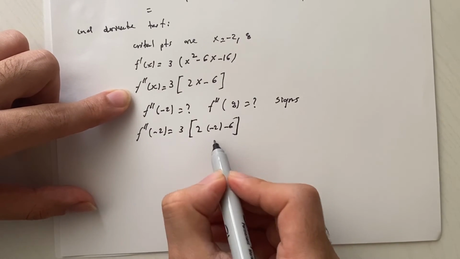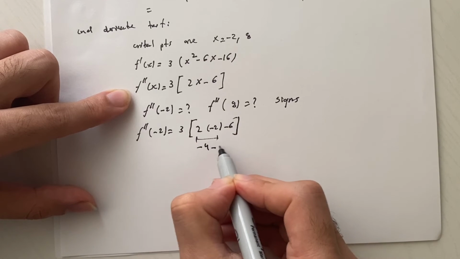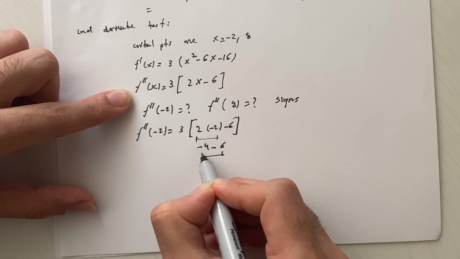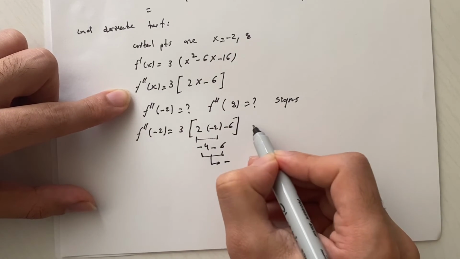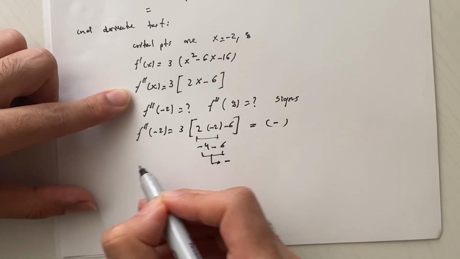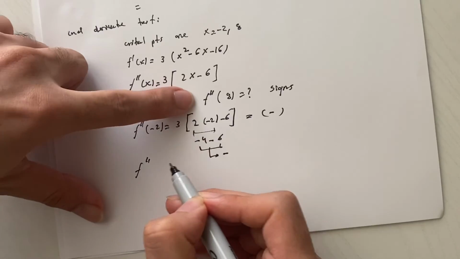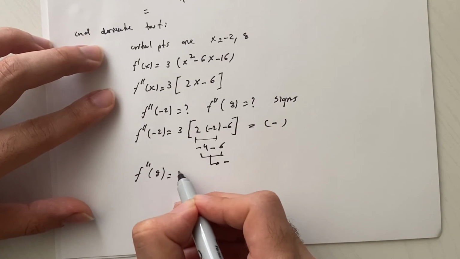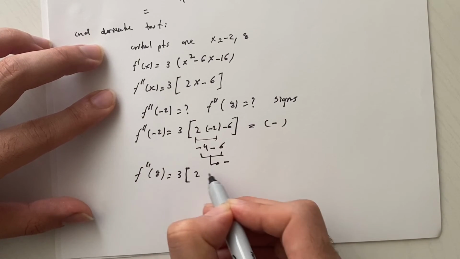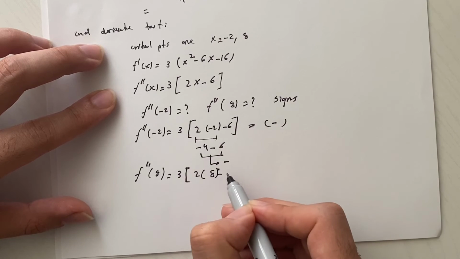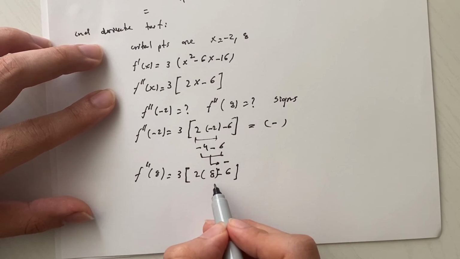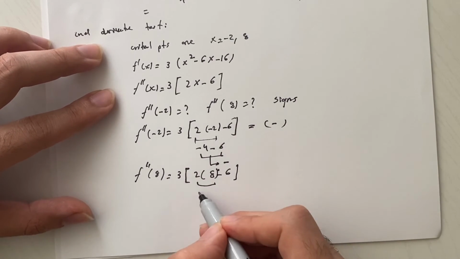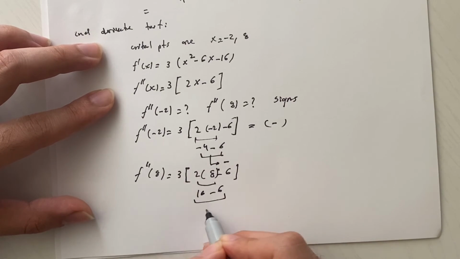That's minus 4 minus 6, which is minus 10, just a negative number. Here we just care about the signs, we don't care about the value. Then we'll do the second critical point: 3 multiplied by 2 multiplied by 8 minus 6. 2 multiplied by 8 is 16, minus 6, which is a positive number.